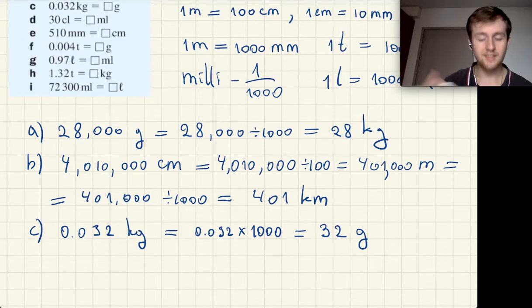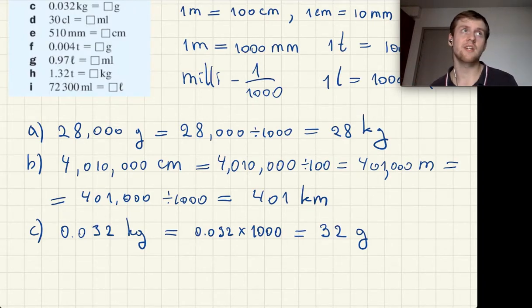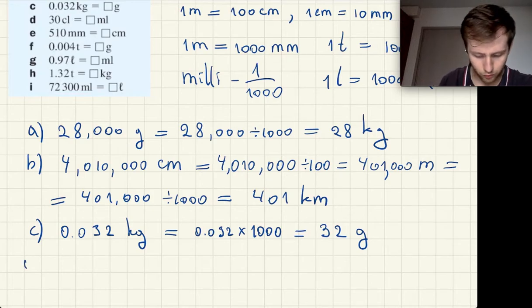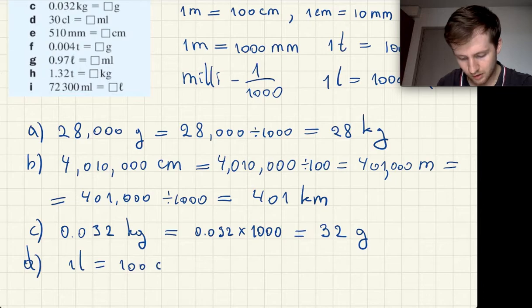Then we have centiliters. Okay, this is an interesting one. You see, it's a similar thing to centimeters, and in fact, 1 centiliter is 1/100th of a liter. So we can write this. 1 liter equals 100 centiliters, just like 1 meter is equal to 100 centimeters.